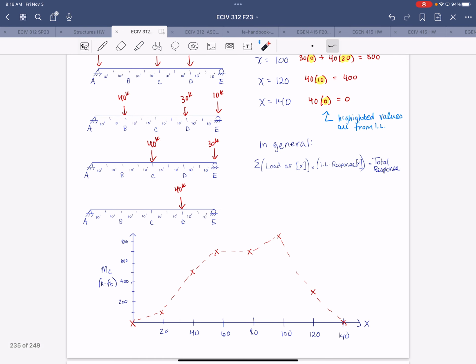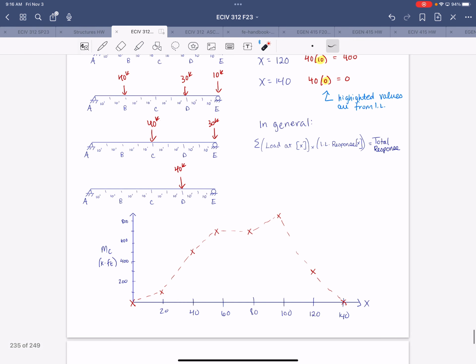And then if we plot those values, the moment of C values that we obtained in this table, against the position of that front axle, it would look something like this, where 800 is certainly the maximum value. And the reason I connected these points with dashed lines instead of straight solid lines is because it's not necessarily going to be a perfect straight line between these 2 points.